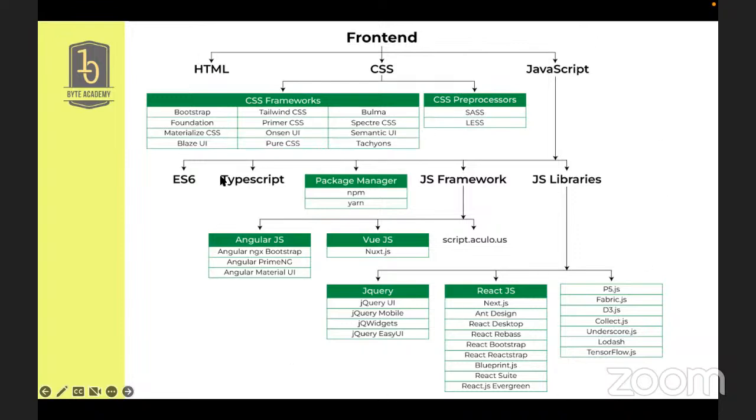This is an overall view of all the technologies that can be used in the front end. And JavaScript, plain JavaScript, which is called vanilla JavaScript. These three things, HTML, CSS, and JavaScript, are what you have to start with when you want to become a front end developer.